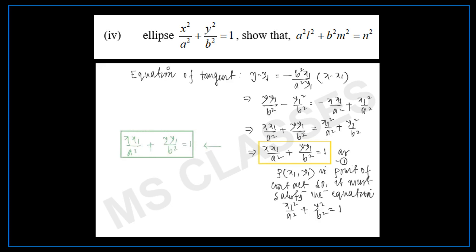An equation of the given line is Lx plus My equals 1, we compare with that line.